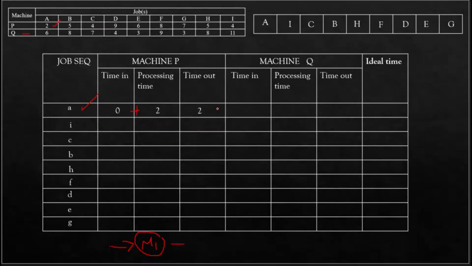Here one thing you want to remember: the time out of a machine becomes the time in for the next job. Once a job is completed, only then can we give the next input. Likewise, once the machine has completed its first job task, which takes 2 hours, then we'll give the next task.